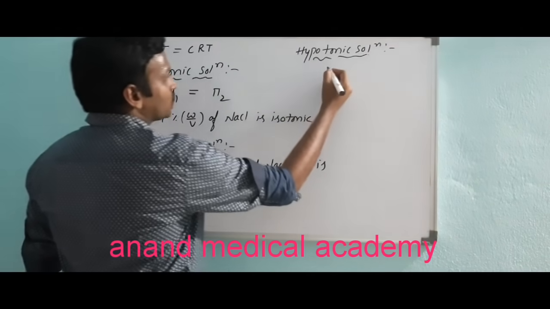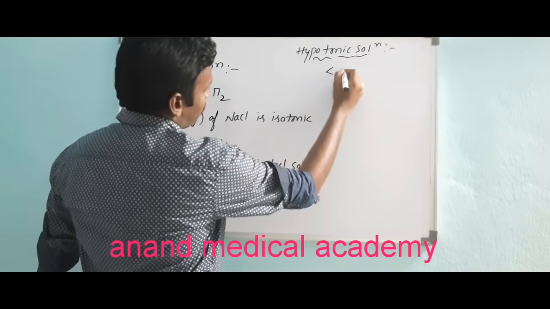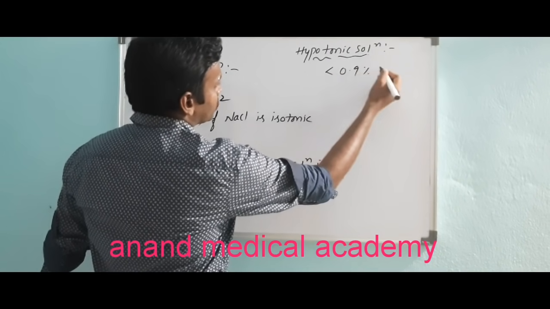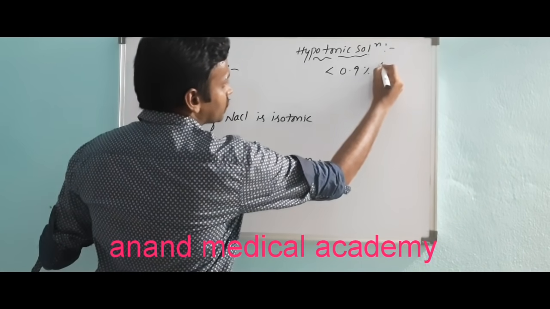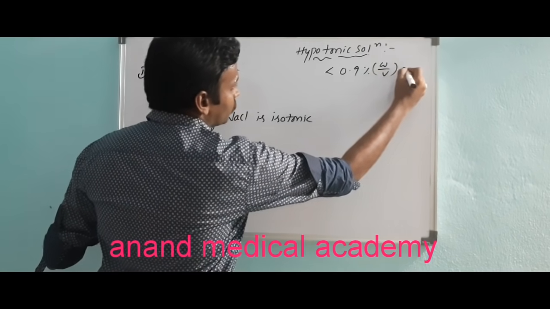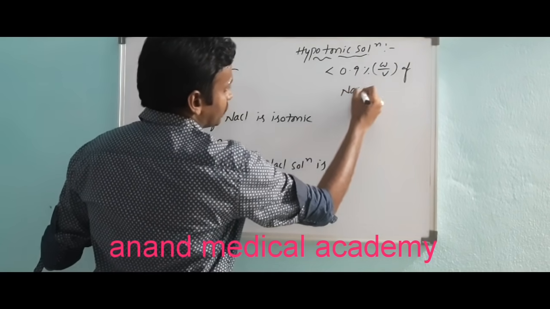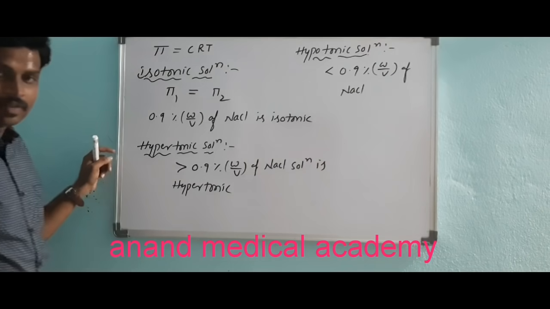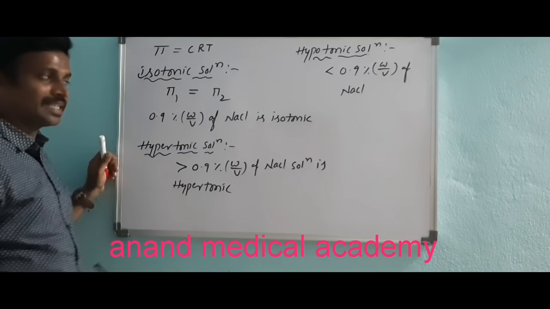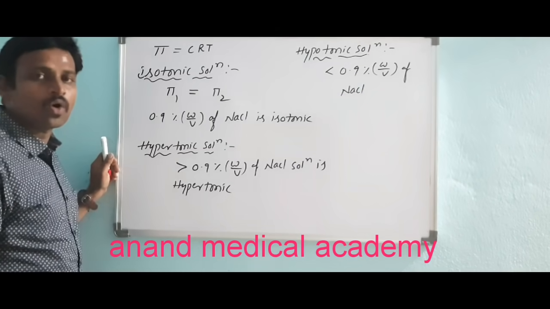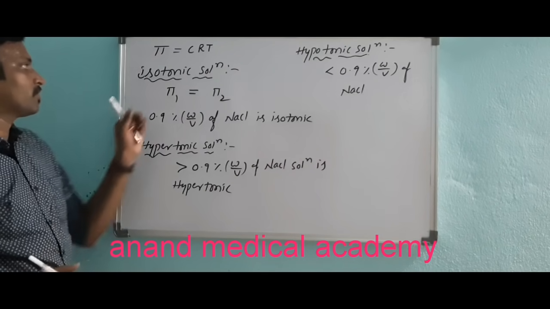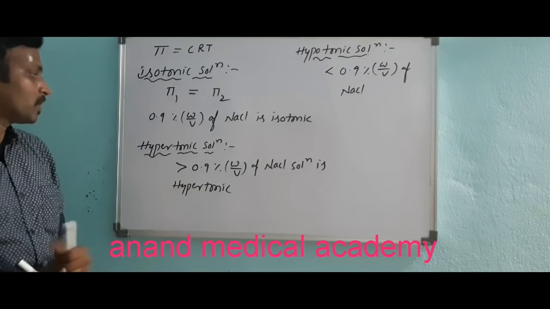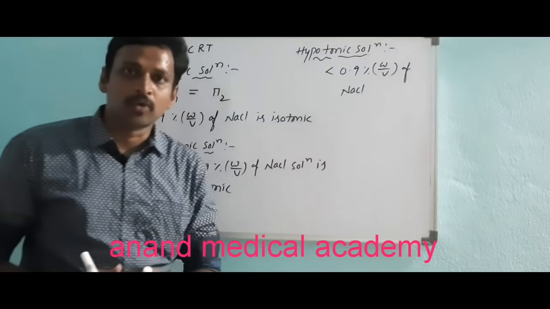Generally, an example: less than 0.9% weight by volume of NaCl. If it is less than 0.9%, that particular solution is called hypotonic. Three kinds of solutions we have: isotonic solution, hypertonic solution, and hypotonic solution.